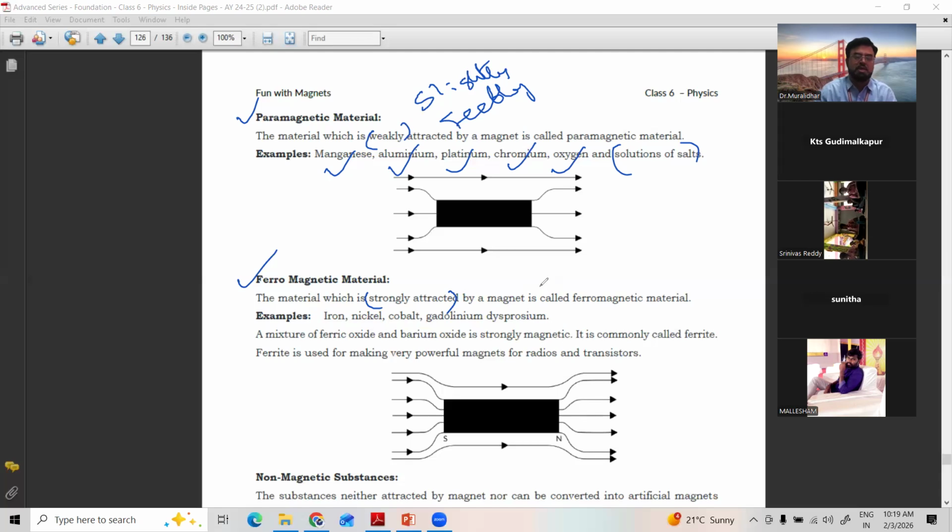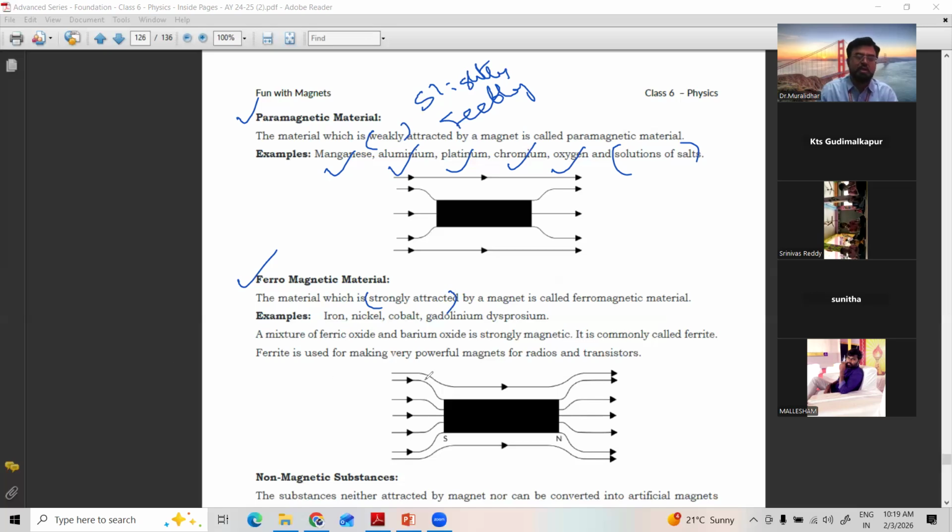When the metals are combined with each other also, they can be attracted by a magnet. Not only attracted, they are used to prepare magnets. Only ferromagnetic materials are used to prepare artificial magnets. That means they can be magnetized. Right? So a mixture of ferric oxide and barium oxide is strongly magnetic. It is commonly called ferrite.